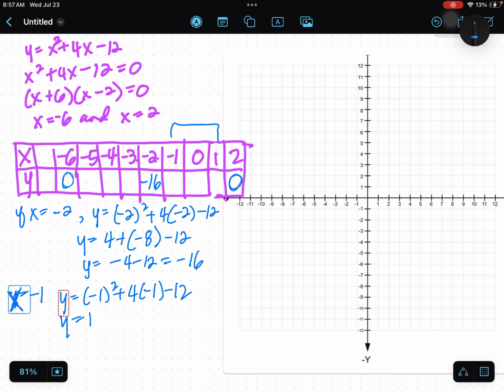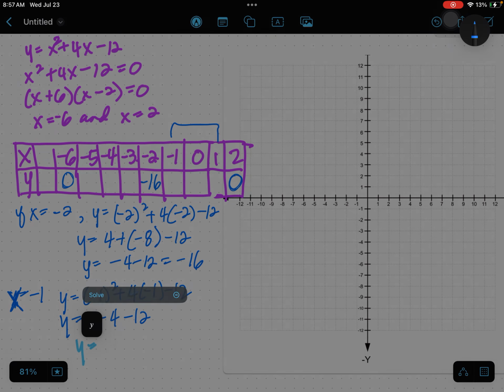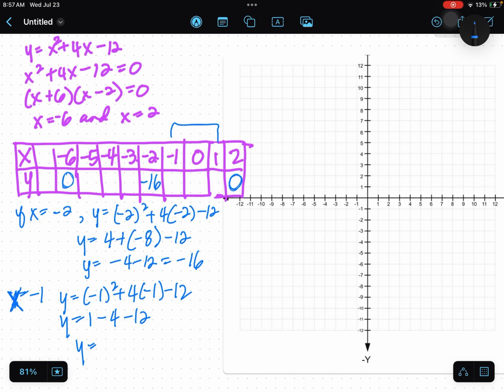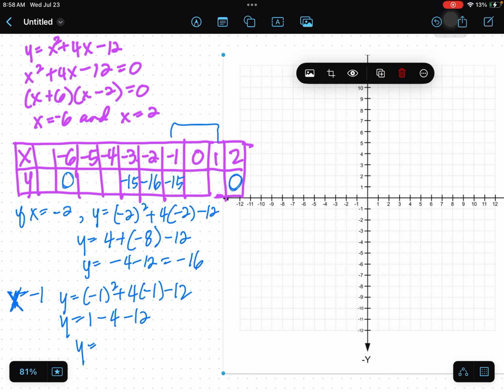So this is 1 minus 4 minus 12. This is negative 15. If this is negative 15, negative 15 din yung kabila. No need to solve mirror images of each other.